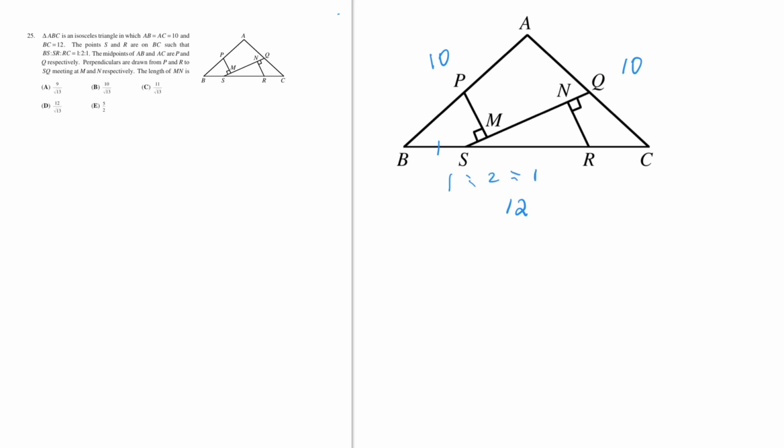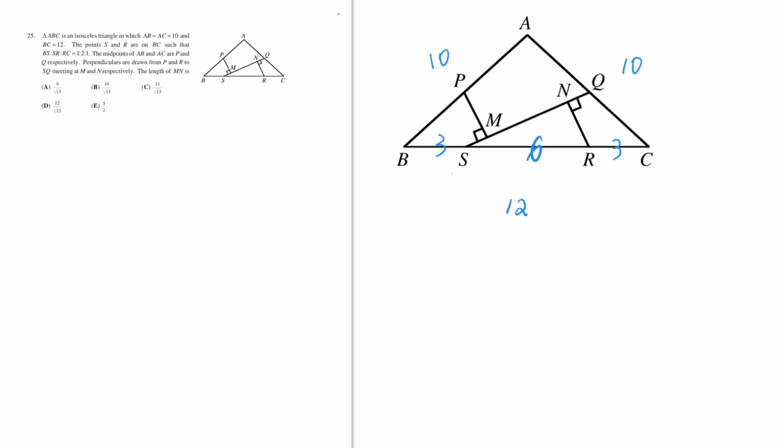Total is the 4 parts, so the BS is the 1/4 of the 12. That's the 3. And also RC is the 1/4 of the 12, still the 3. The middle part is the 2/4, that's the half of the 12, that's the 6.